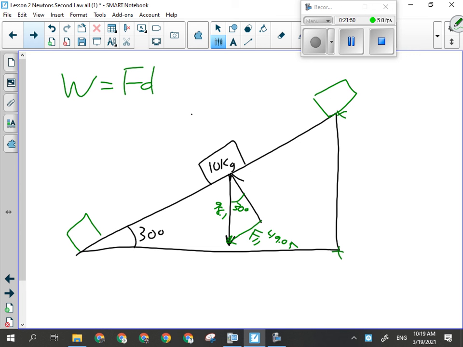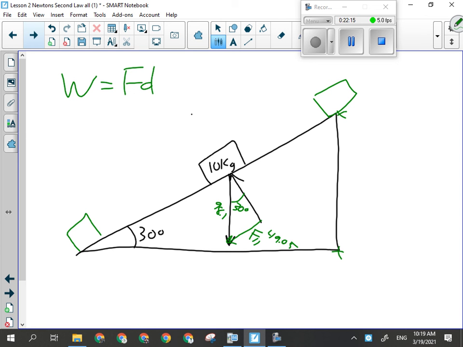Agreed? So bigger force over a smaller distance, or smaller force over a greater distance, I end up doing the same amount of work whether I push it up the ramp or lift it there, but it's easier to do. I might not be strong enough to lift the box directly to the top of the ramp, but I'm probably strong enough to push it up the ramp.